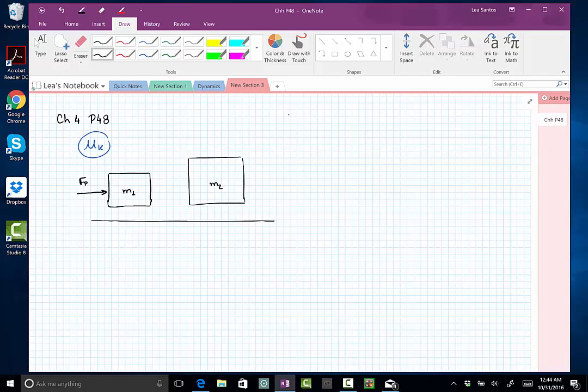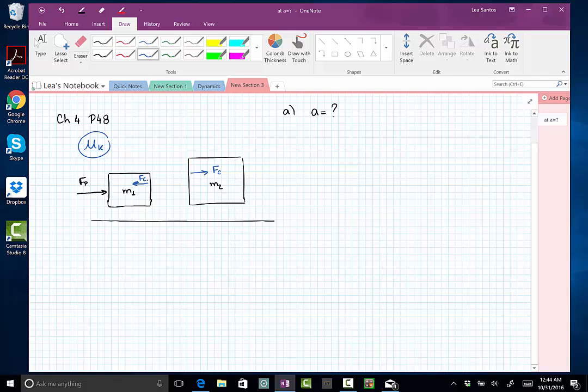The first question of this problem, question A, is what is the acceleration of this whole system? So let's start from box 1. We have that force acting on box M1. Box M1 is also touching box M2, so it exerts a force on box M2. I'll call it force C, and M2 reacts and exerts the same force on box 1, just opposite direction.